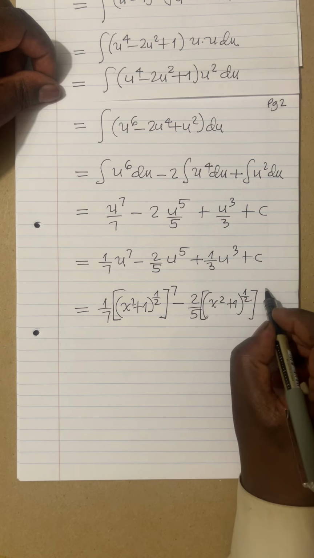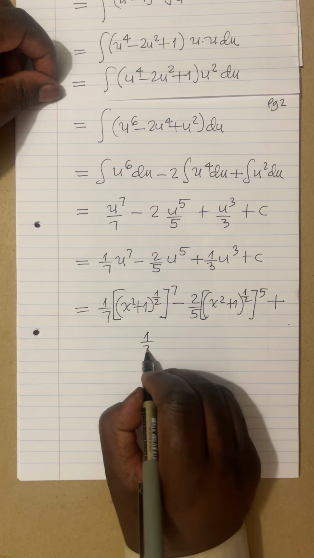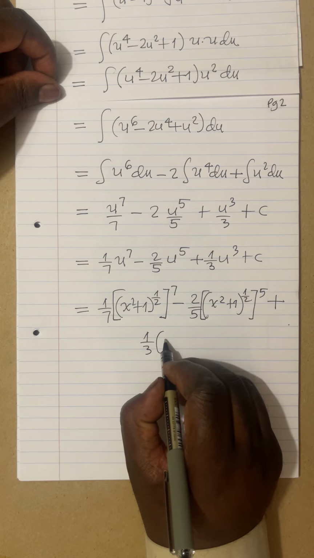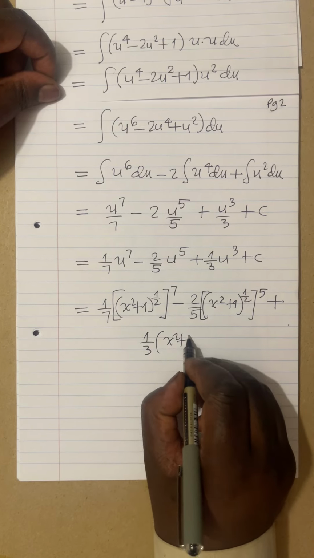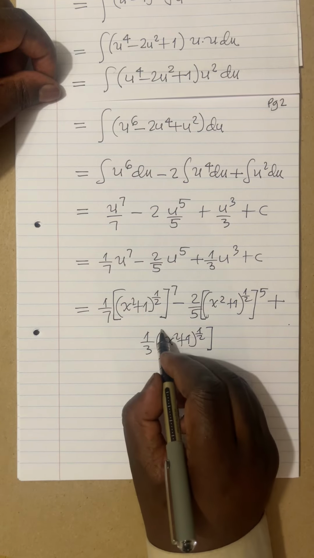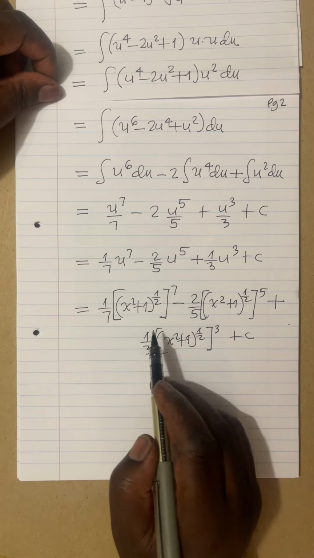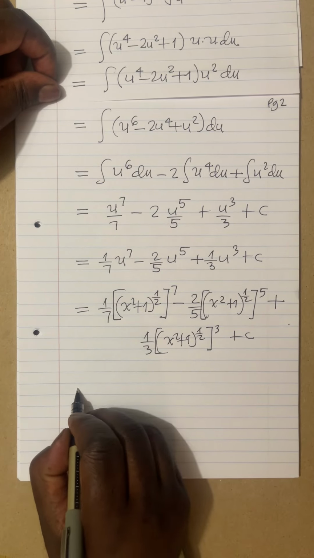There it is. And then I'm going to say plus 1 over 3, x squared plus 1 to the power half, and then we have a power outside of 3, plus c.